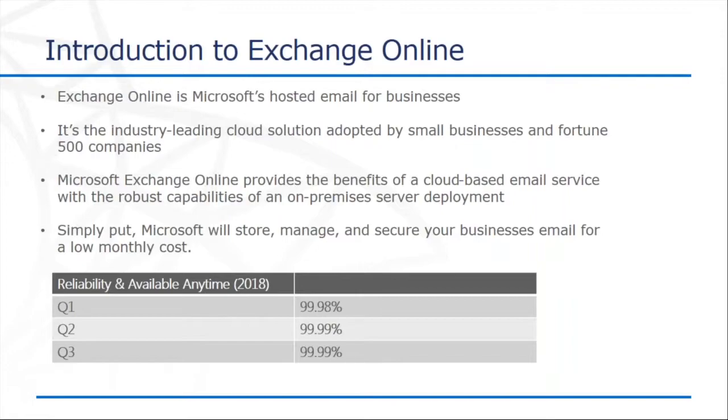Security and patching activities are completely taken care of by Microsoft. You can see the reliability and availability time in 2018 for all three quarters. It's almost 99.9. From my experience, I have never heard about downtime of Exchange Online or SharePoint Online applications.